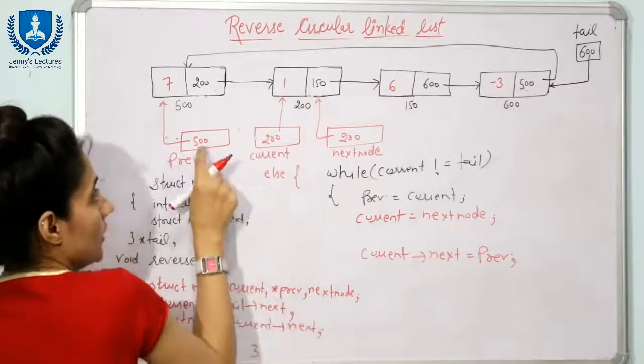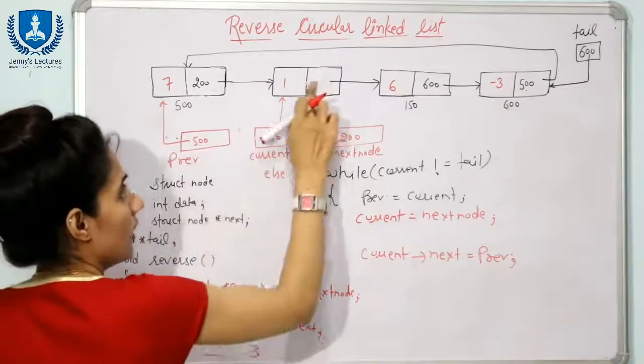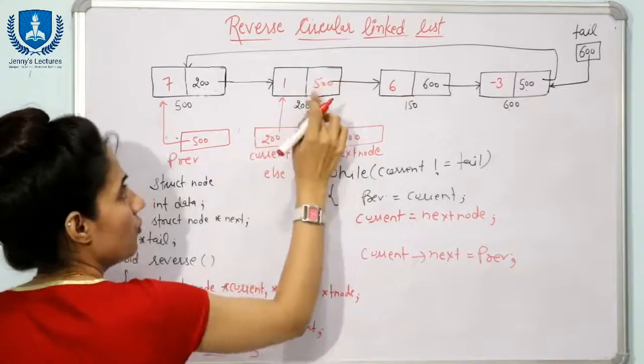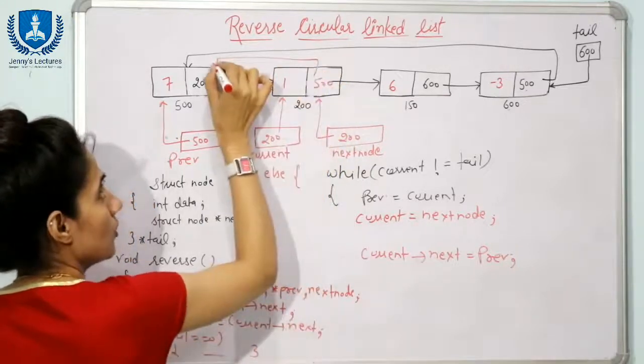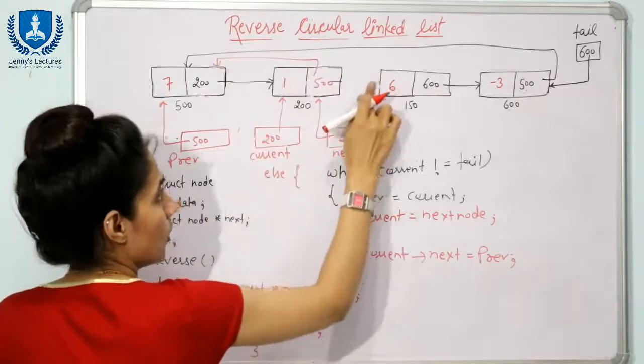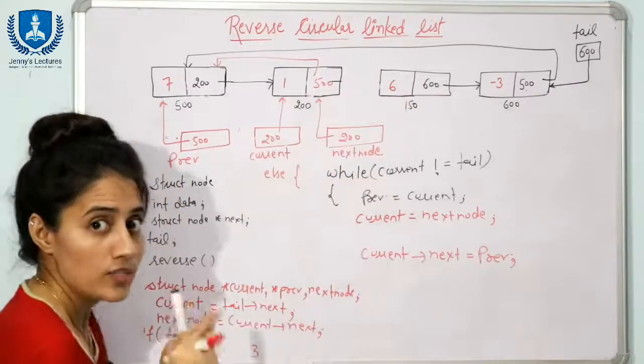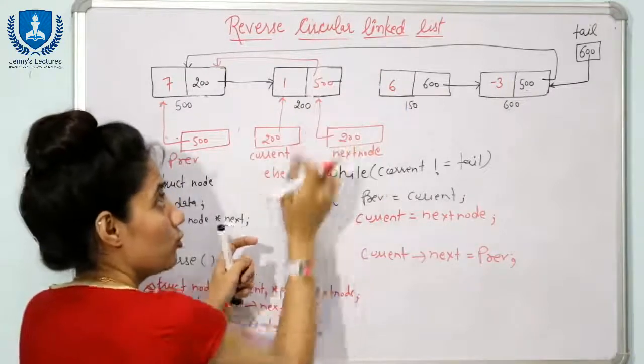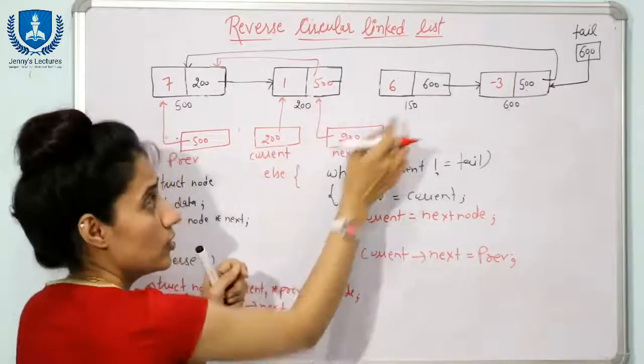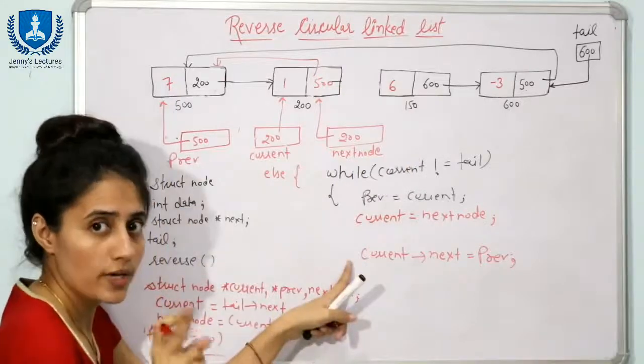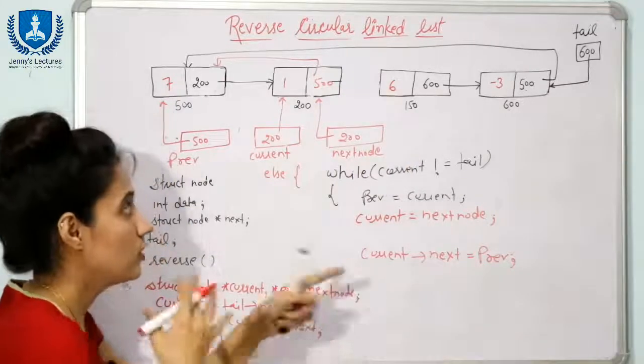So now see, prev has 500, so here we have 500. Now this node is pointing to this node. This link is no more now. So now see, the problem is next node is also pointing to this node. Now how can you reach till this node? So this thing you need to take care of. You need to write which line first.